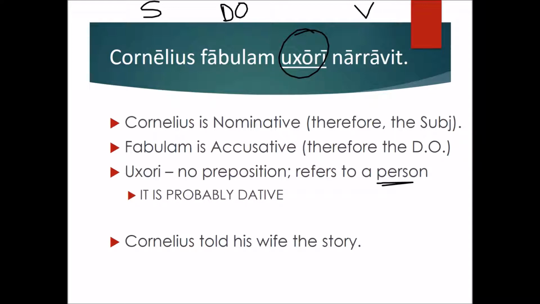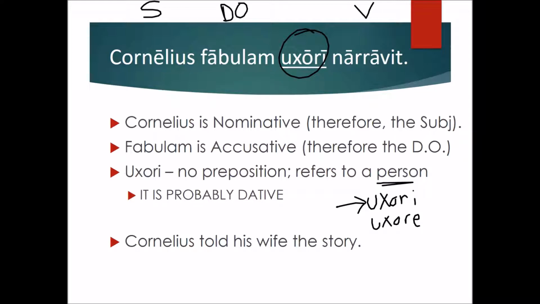Now, ironically, there is another way to tell if this is dative or ablative. Uxori is one of those third declension words, and in the singular, there's absolutely no ambiguity between the dative and the ablative case. There's only really one option for uxori. It has to be dative.